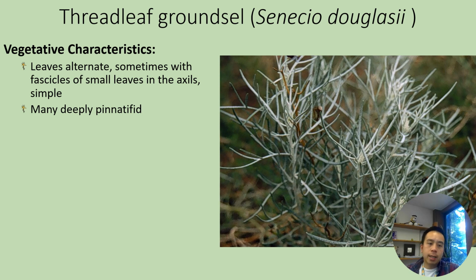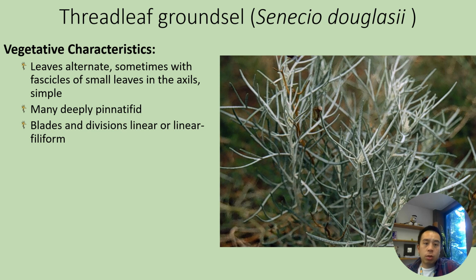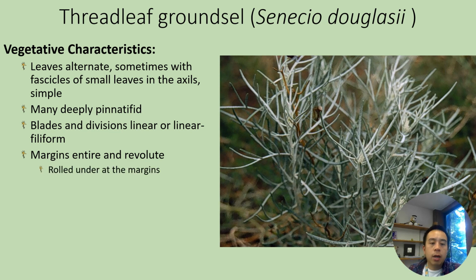That means the leaves are pinnatifid, and then those divisions themselves are also pinnatifid. The blades and divisions are linear to linear filiform, so needle or thread-like. The margins are entire or revolute, which means they don't have serrations, and oftentimes can be rolled under at the margins, kind of giving it a more rolled look.